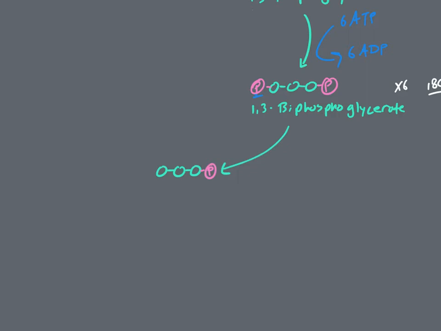Still a 3-carbon molecule, but it loses a phosphate and gets rearranged a little bit. And that molecule is now called glyceraldehyde 3-phosphate, or G3P for short.